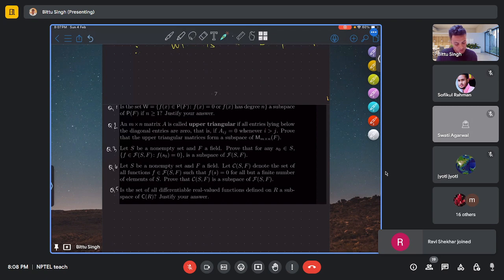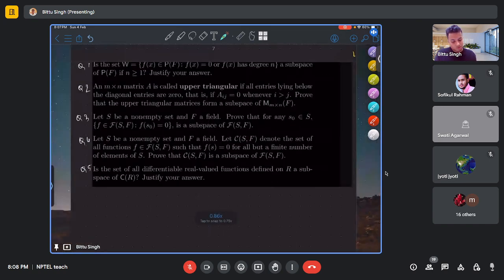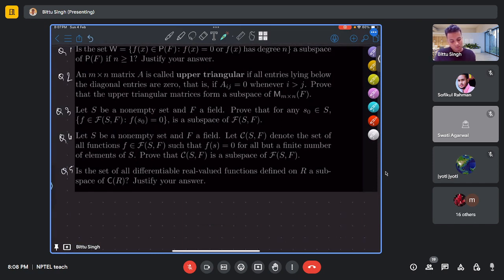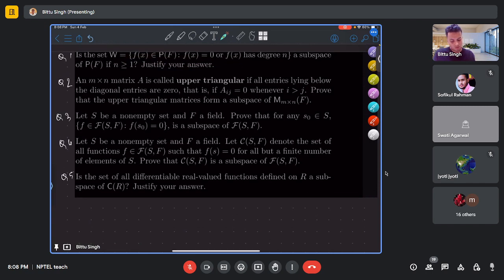We are taking all polynomials, P_F denoting polynomials over F, or for example polynomials over the reals. So question 1 says, take W. We don't know whether it is a subspace or not.